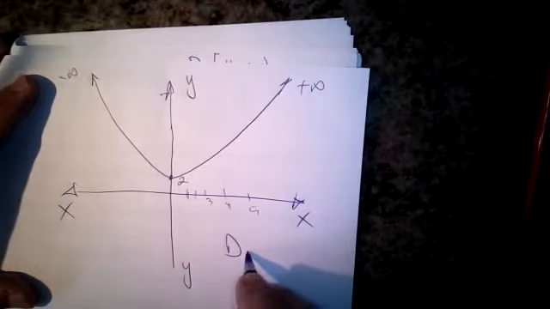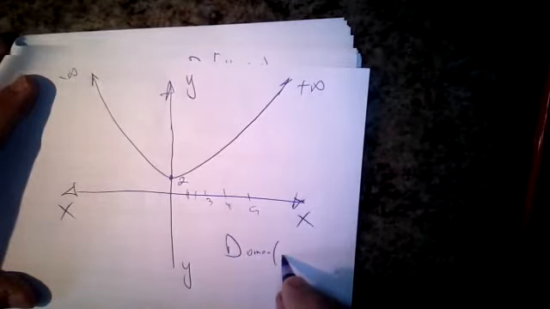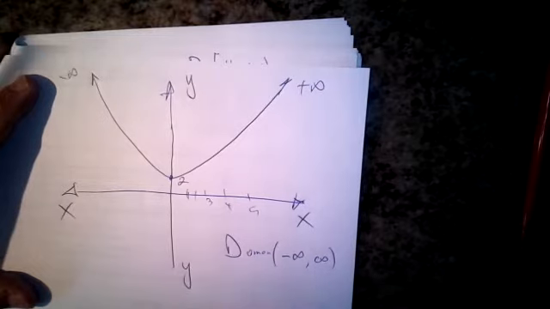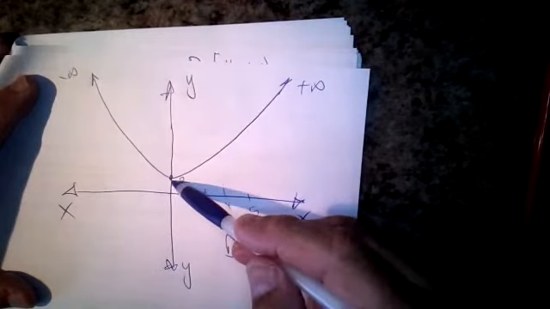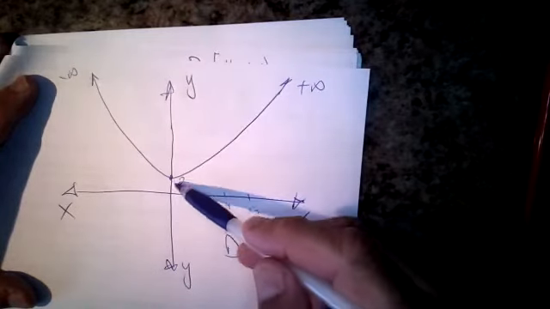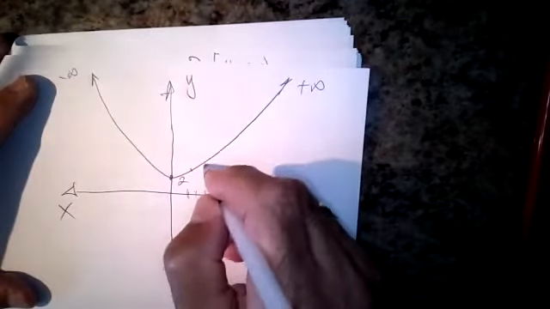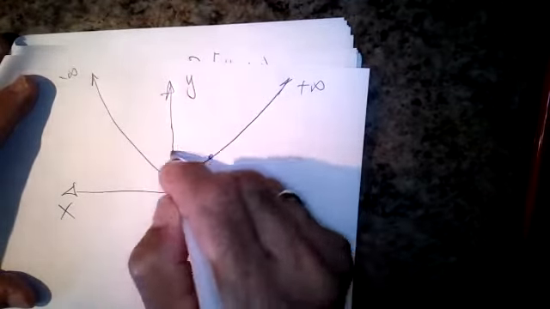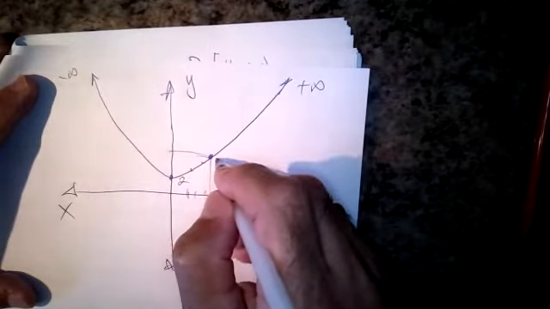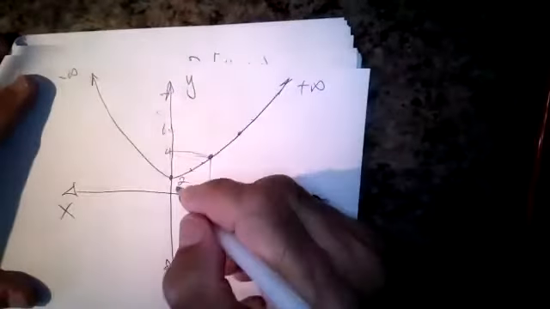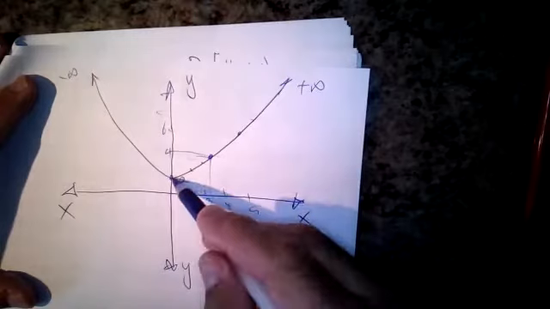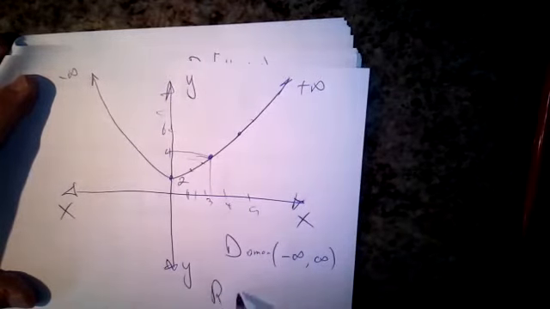So domain goes from negative infinity to positive infinity. But what about the range on the y-axis? The graph does not go below 2. See? The graph starts from here, goes up. If I want to read the coordinates of this point, what's the y in this one? Let's say y is like 4. Here, y is 6, y is 8. But the graph does not go below 2. So for the range, you just say it goes from 2, comma, to positive infinity.